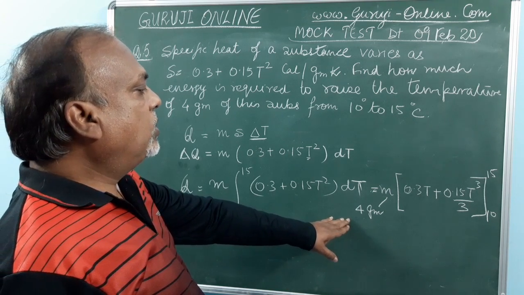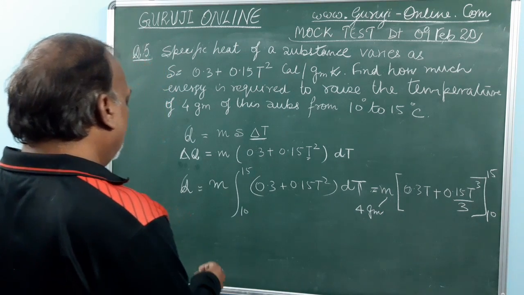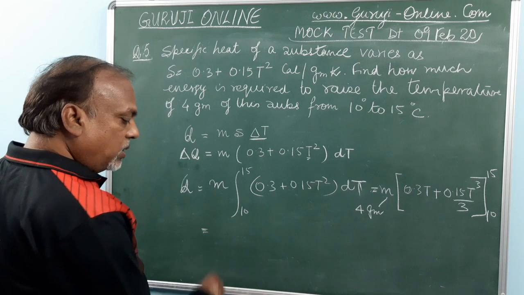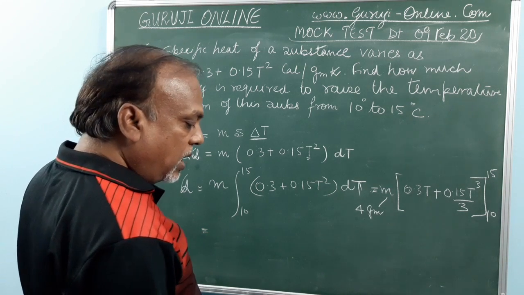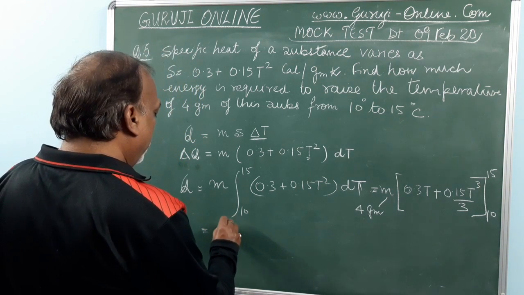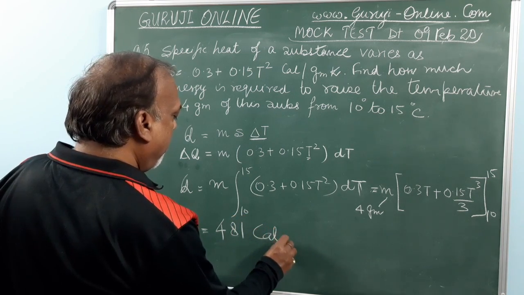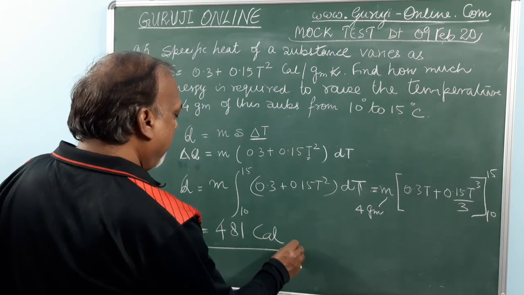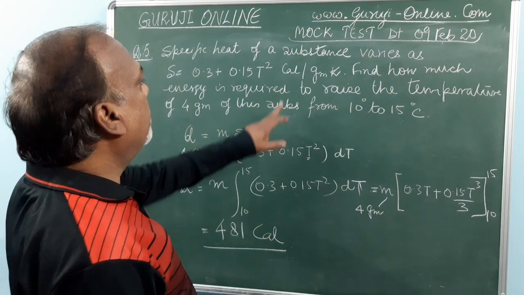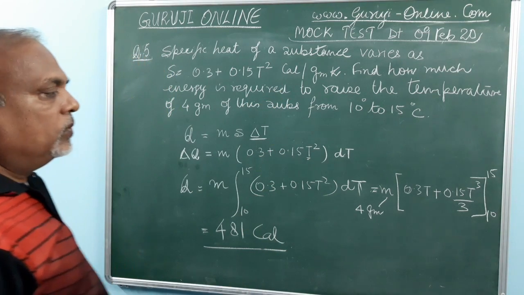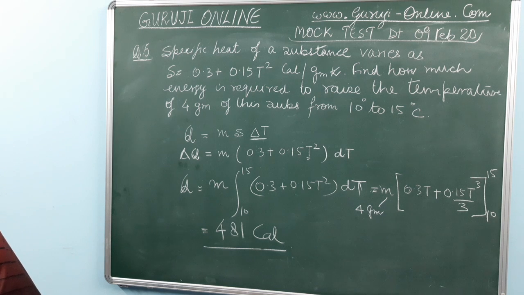So, if we solve this, then this will come as 481 calorie. So this was the 5th question and this is the answer.